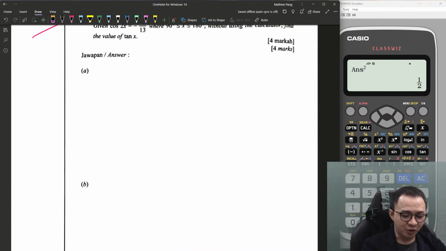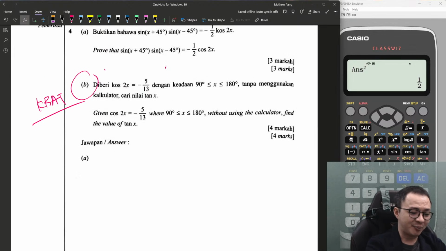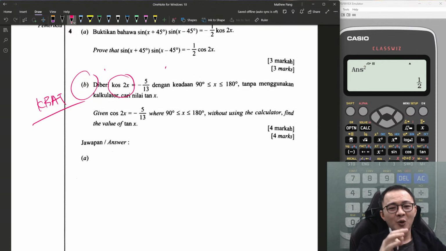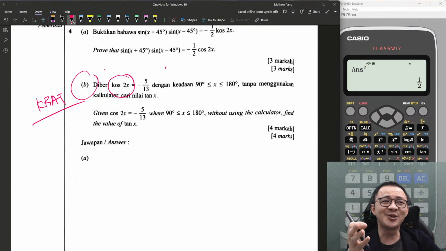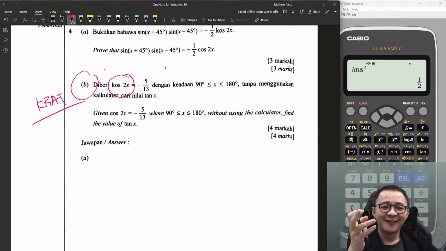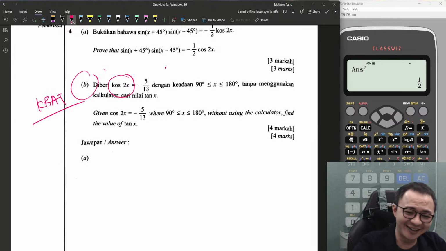So you know you need to draw a triangle, but now you have a small problem. This cos 2x, right? Which quadrant is this cos 2x? Anyone can tell me, cos 2x falls in which quadrant?